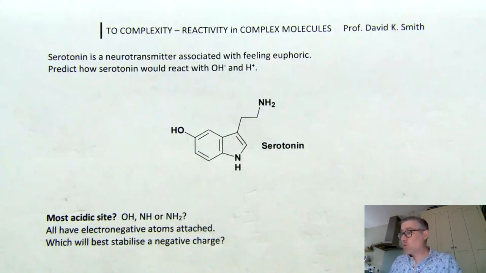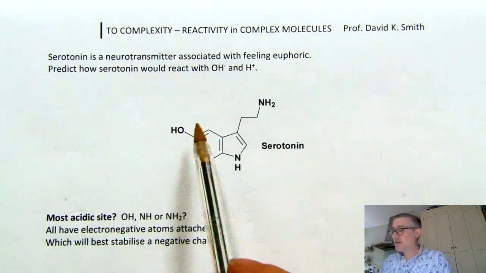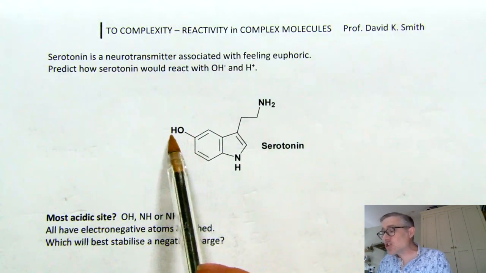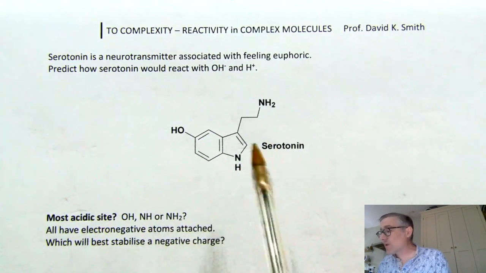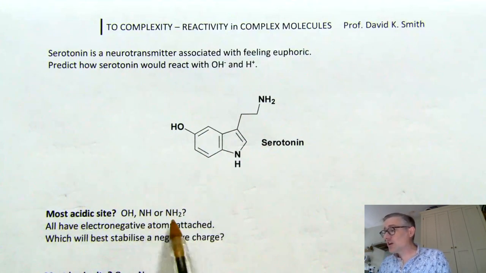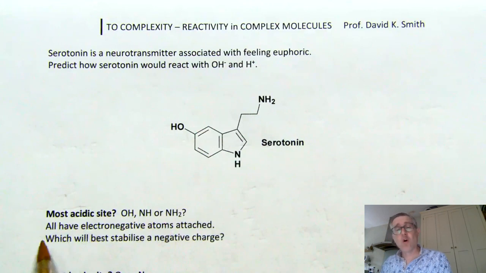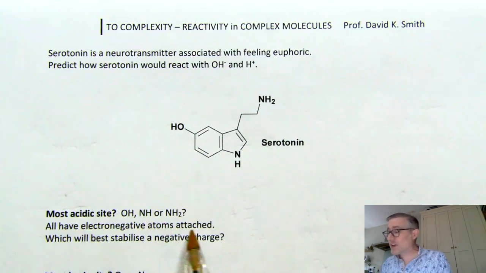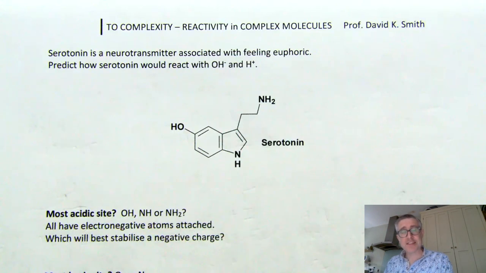So we need to think, which is the most acidic site? It's going to be an H that's attached to a heteroatom. And we have OH, NH, and NH2. All of those have electronegative atoms attached. Which will best stabilize a negative charge?